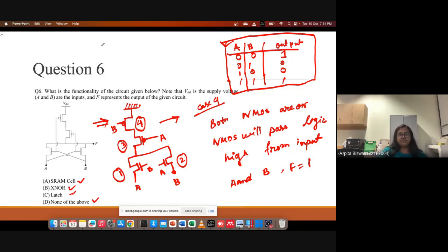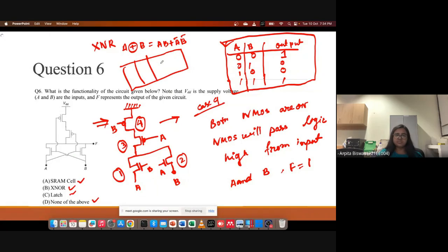So for XNOR, A XNOR B, how you can write it: A into B plus A bar into B bar. So in that case, what is the truth table value? A, B, and this XNOR.